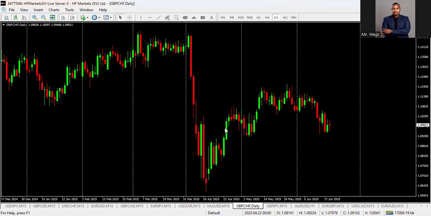As the market moves up, you'll find the candlesticks are green, representing bullish, this representing bearish market. So what do these candlesticks represent? What does the bar chart represent? Is what we are going to learn on the next session.